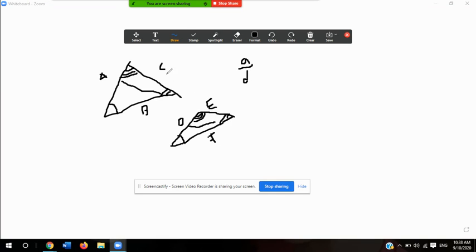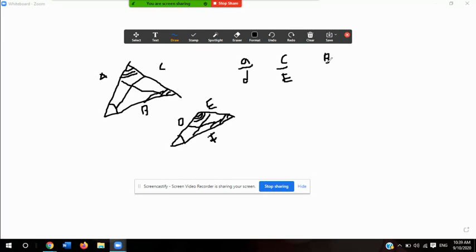If I look at C, it's across the angle that has one arc mark, and so is E. So another ratio would be C to E, because they have corresponding sides. And B is across the angle that has two arc marks, just as F is. So we say B to F is another ratio.